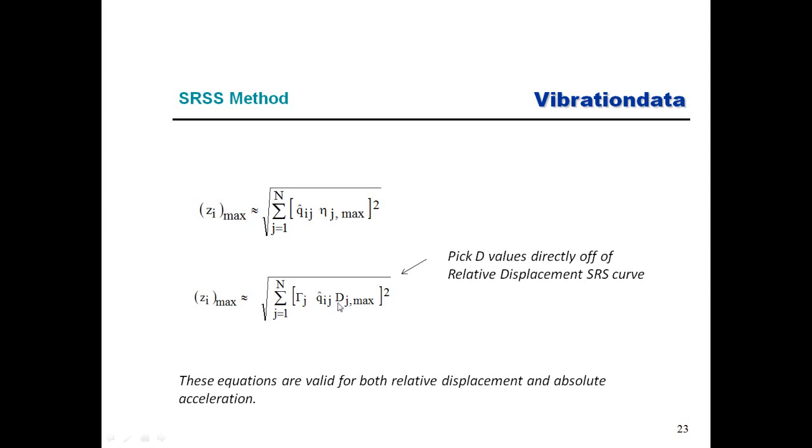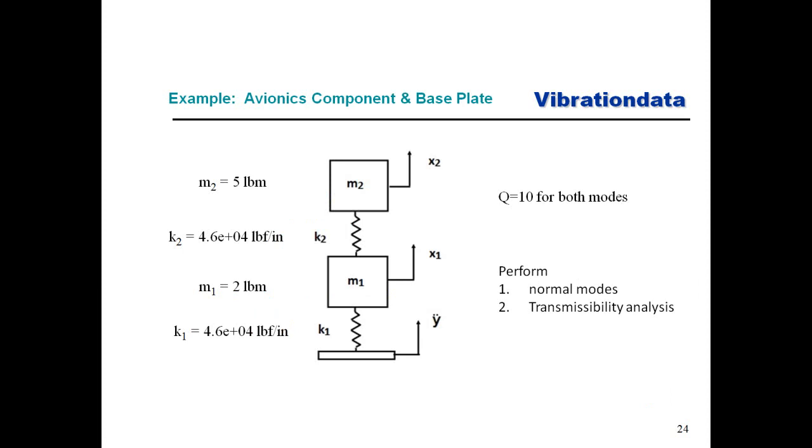We would just pick off the absolute accelerations from our SRS curves and do this calculation, and it would give us x sub I double dot, the maximum acceleration at each of the 2 degrees of freedom. So that's in a nutshell what it's all about.